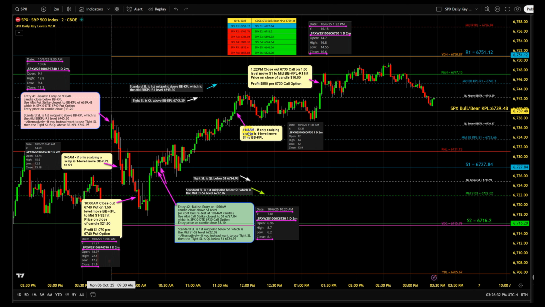So here at 11:46 a.m. you have the one level hit. If only scalping, a scalp is a one level move, S1 to BBKPL. So on the close of this 11:46 a.m. 2-minute candle, the price of this 67.30 call is $13.90.